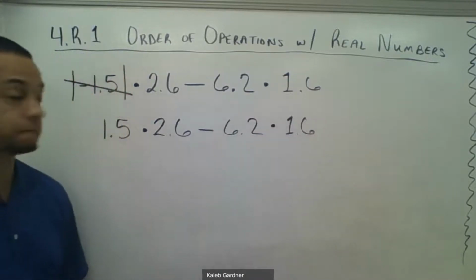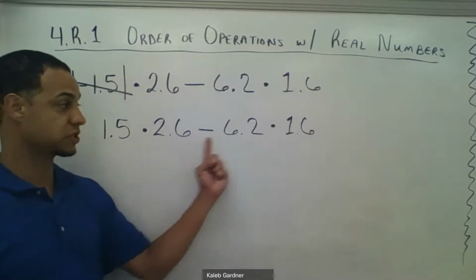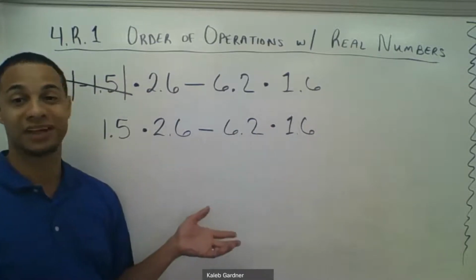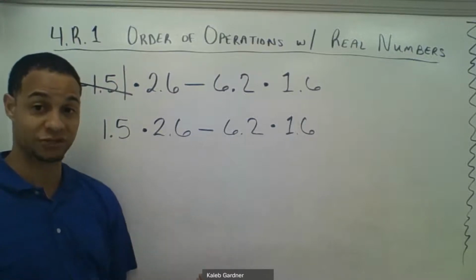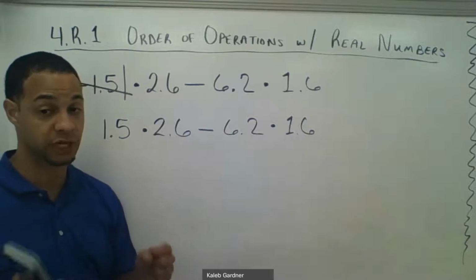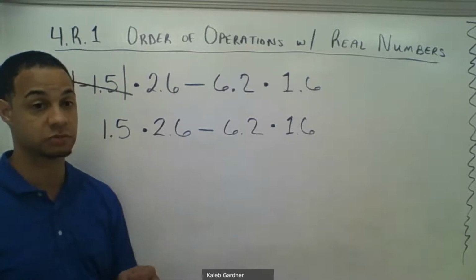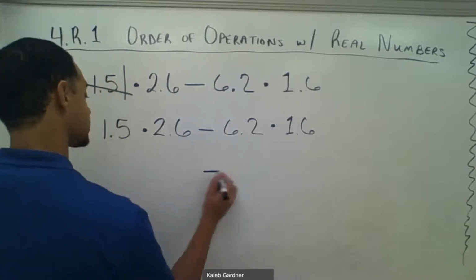All right, let's continue. I've got multiplication, subtraction, multiplication. That's all that's left. Order of operations says multiplication comes before subtraction. So we must do both the multiplications before the subtraction. I'm going to bring my minus sign down.